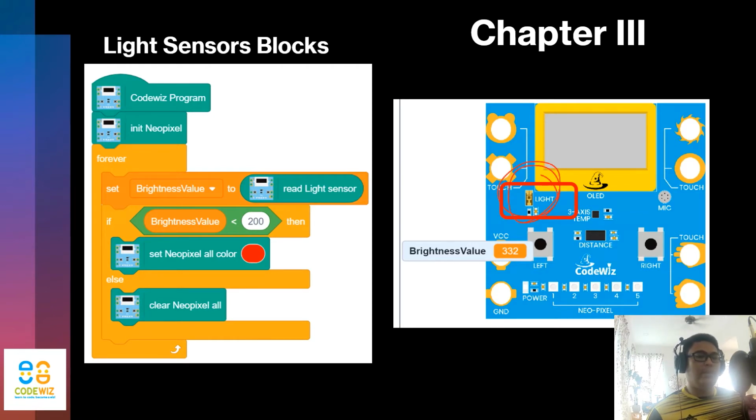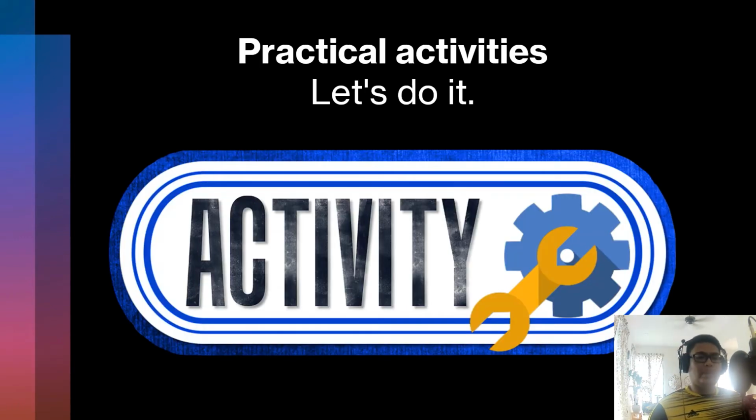Maybe it will not turn on the LED or the lamp when the brightness is more than a certain value, and it will turn on the lamp when the calculation is below the value entered into the code. I will show you in the video.